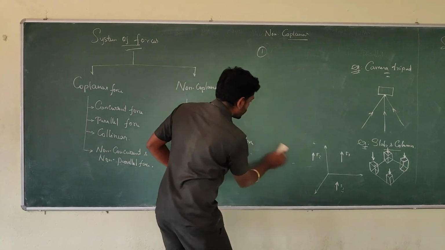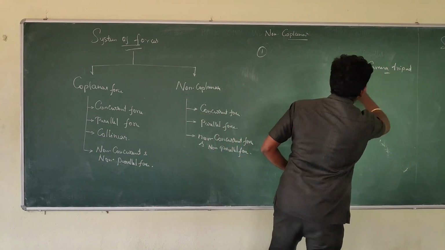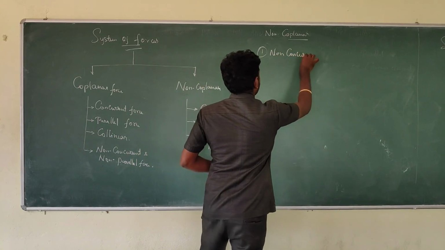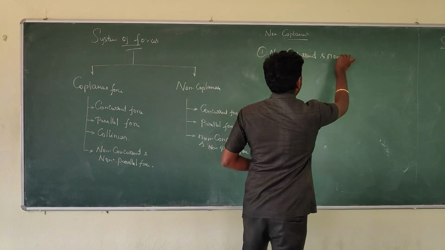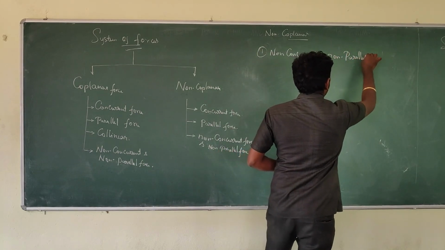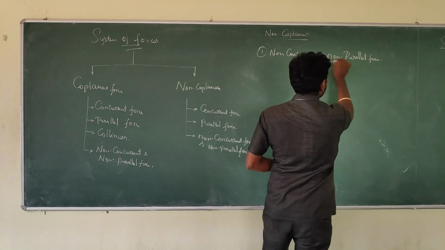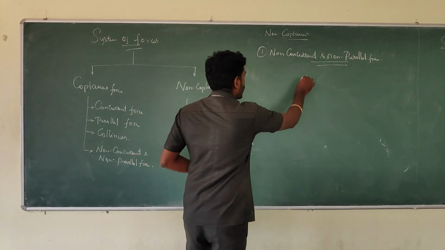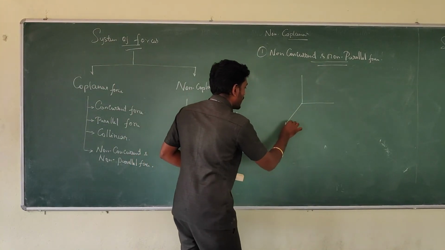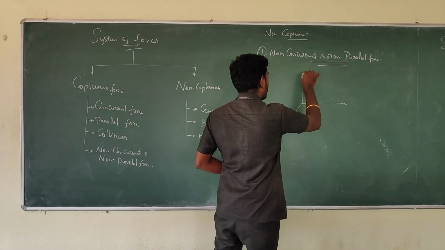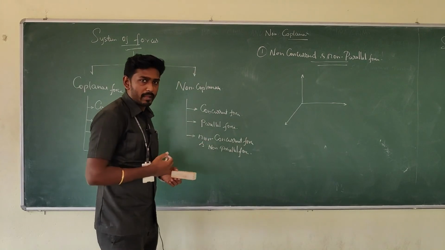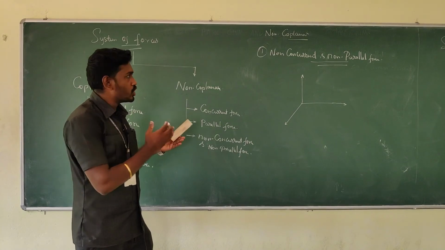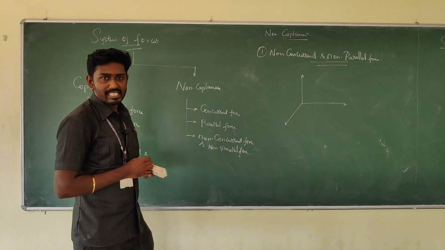Non-concurrent and non-parallel force. See, here all the forces acting on the body, the set of various external forces acting on the body, have lines of action that are neither parallel nor acting on the same point.